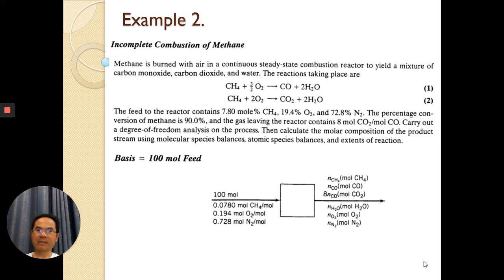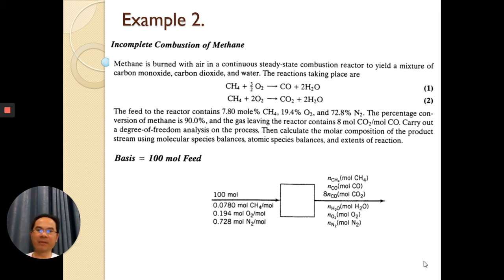The second reaction is methane oxidized with 2 mole oxygen to produce 1 mole carbon dioxide and 2 mole water. These two reactions are balanced already. You can check the atoms on the left-hand side and right-hand side are the same number.